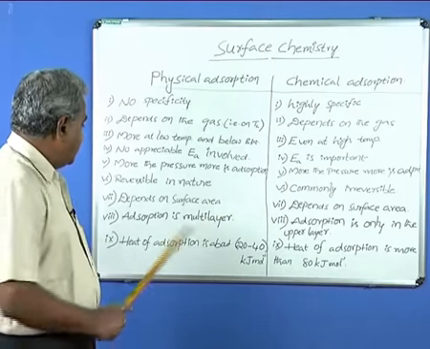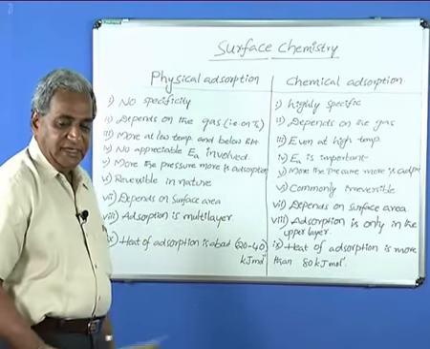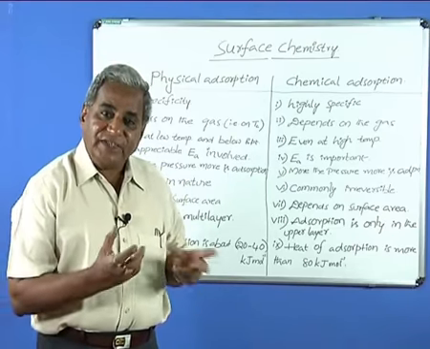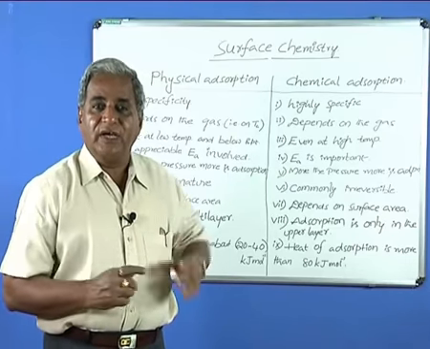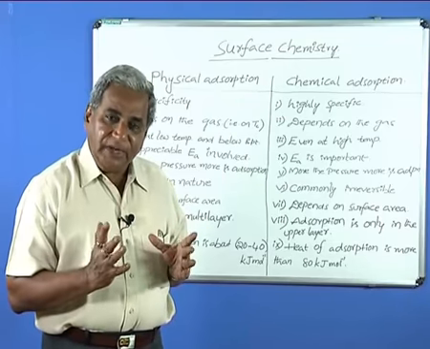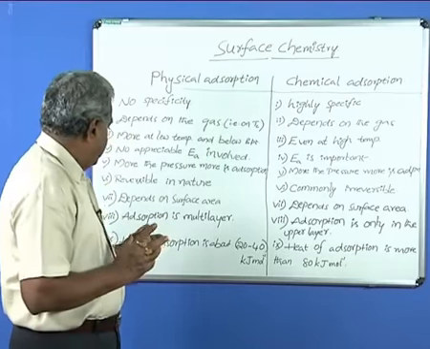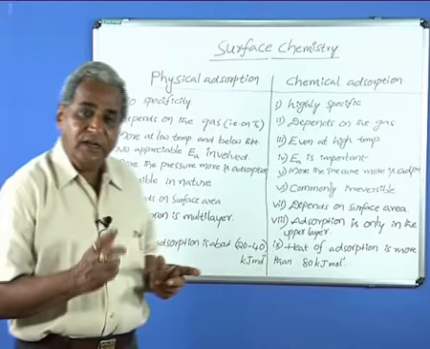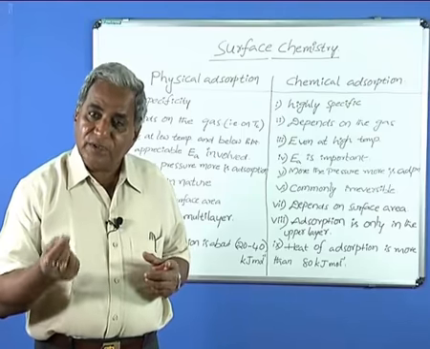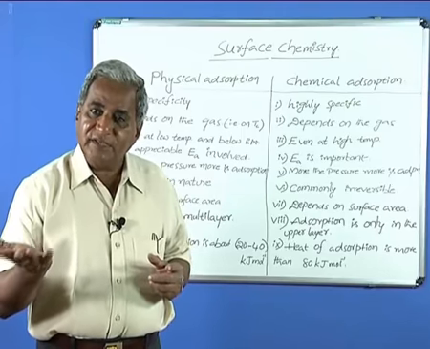Then, adsorption is multi-layer because the molecules of the adsorbate simply move onto the surface of the adsorbent. The phenomenon can extend not to one layer, that is simply the surface, but to a greater extent, to 3, 4, 5 layers like that.